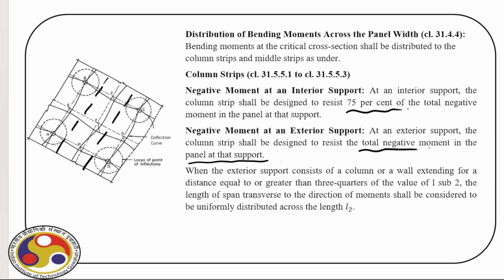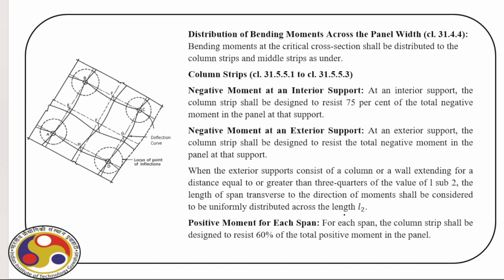Now, when the exterior support consists of a column or a wall extending for a distance equal to or greater than 3/4 of the value of 1/2, the length of the span transverse to the direction of the moment shall be considered to be uniformly distributed across the length L2. So, that we'll see in a minute.